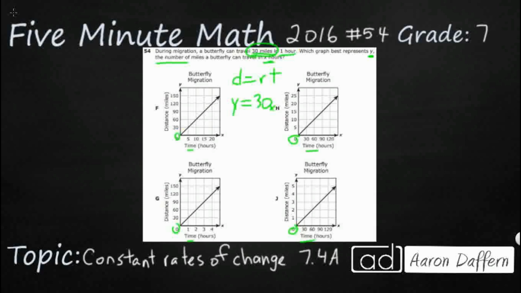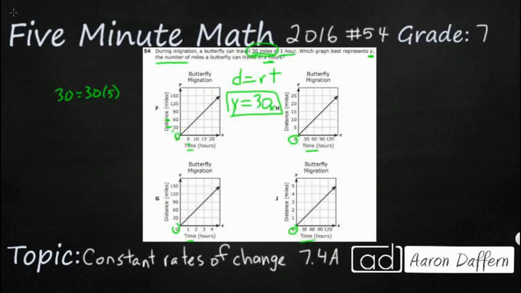Okay, so let's look at F. That first one is 30 equals, right, 30 times 5. So I'm pulling from my first y-coordinate, my first x-coordinate, and I'm using this equation right there. y equals 30x, and that's not going to work. 30 equals 30, but not times 5.